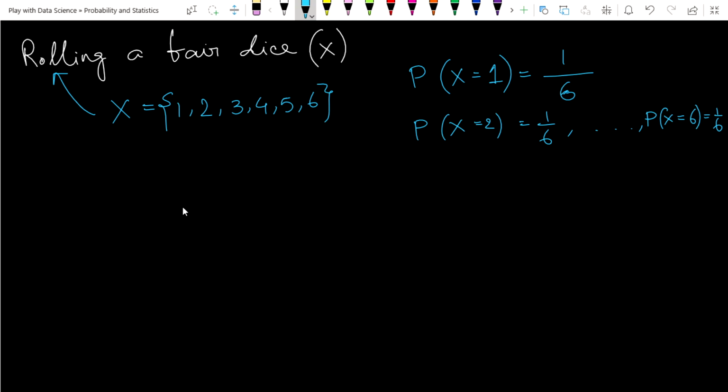Okay. Now suppose I am doing an experiment defined like this. Let's call this x dash. X dash is the occurrence of the even points. For rolling a fair dice, we are interested in finding the even points.